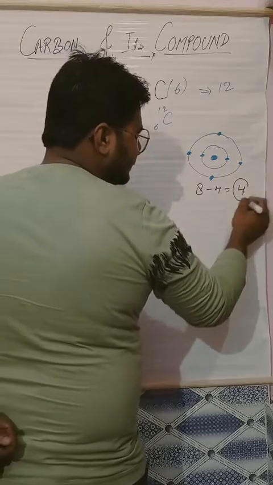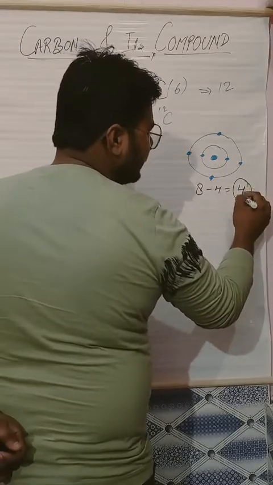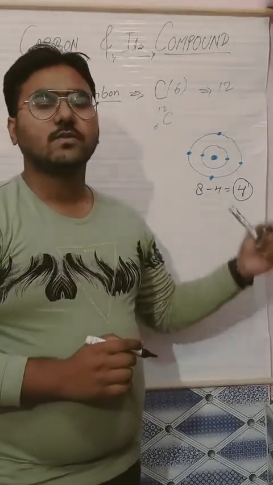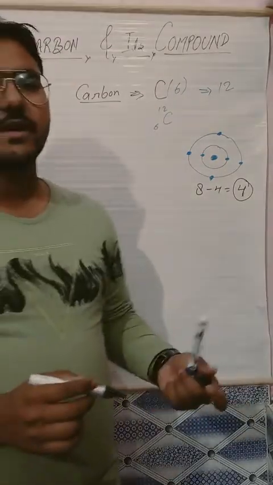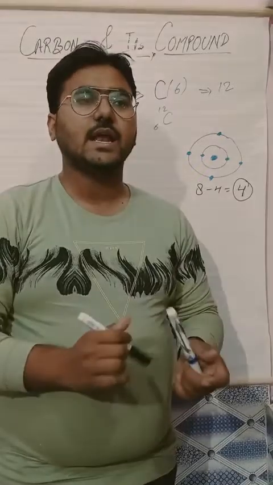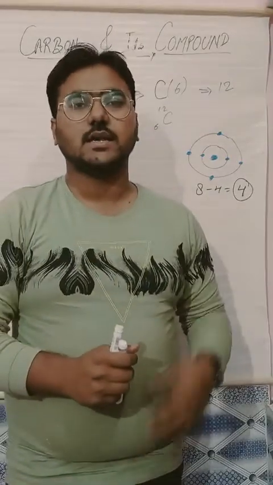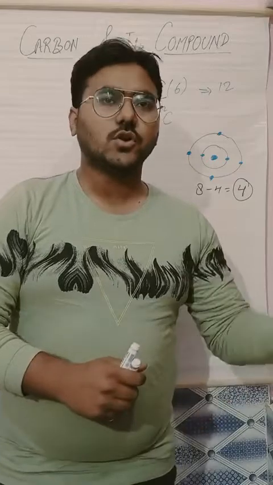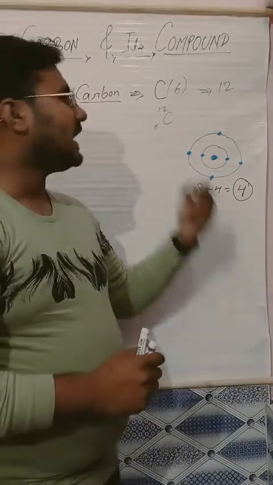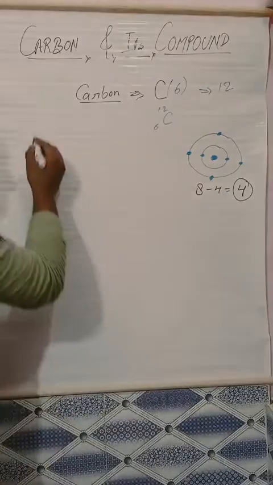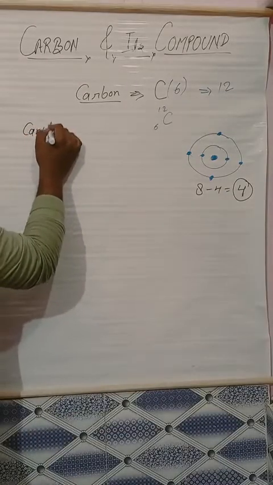So before this we were studying that if the valency is 4 or if the valency is 2, 3, 1, whatever the valency is there, that much electrons either they have to take or they have to donate. But in carbon, there is change.